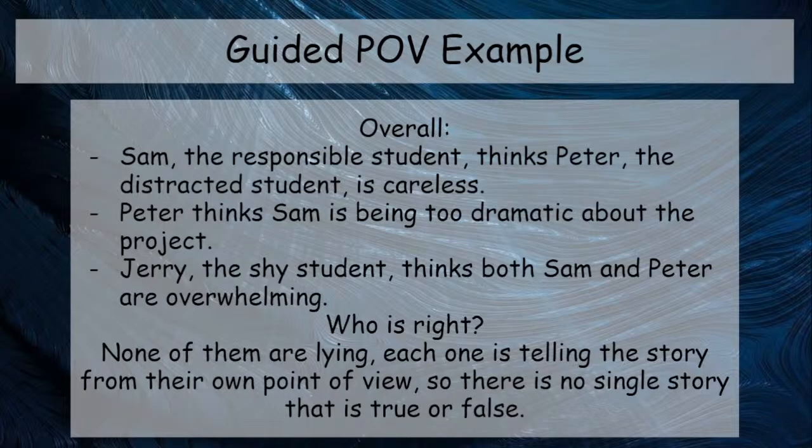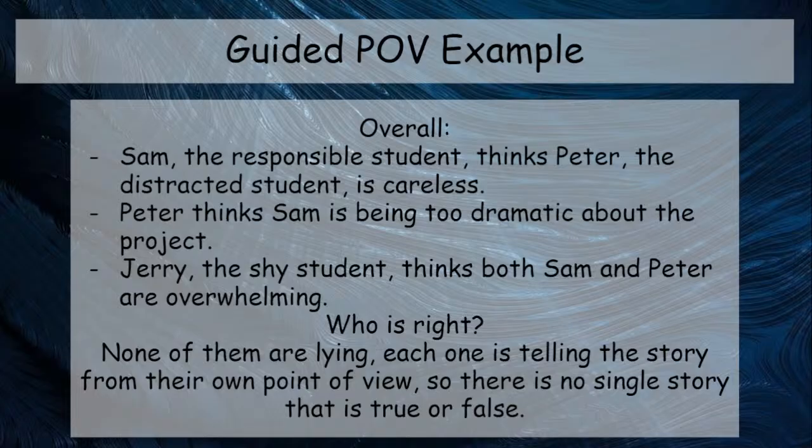Overall, Sam is the most responsible student, and that's what Peter thinks. Sam thinks Peter is careless. Peter thinks Sam is being too dramatic about the project, and Jerry thinks both Sam and Peter are overwhelming.